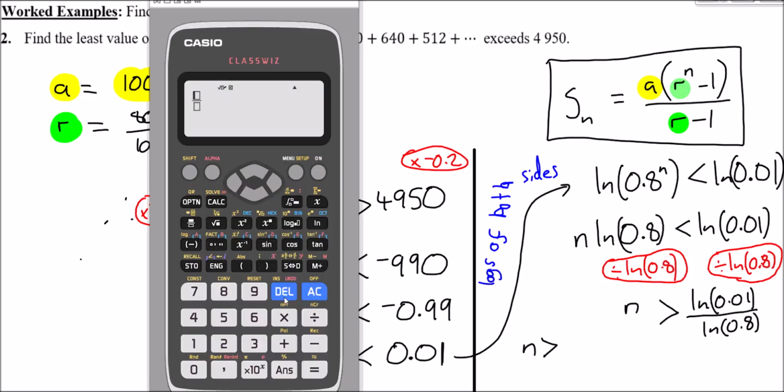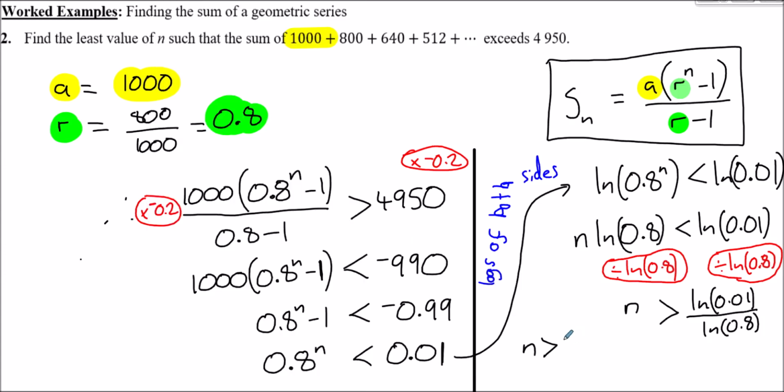So ln of 0.01 divided by the natural log of 0.8 gives us 20.63, and so on and so on. We want the smallest value of n.